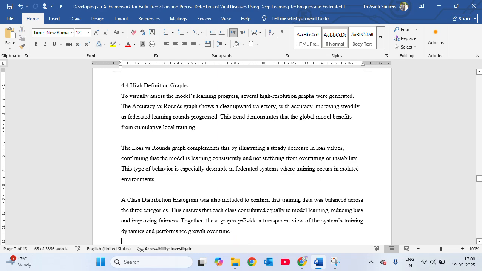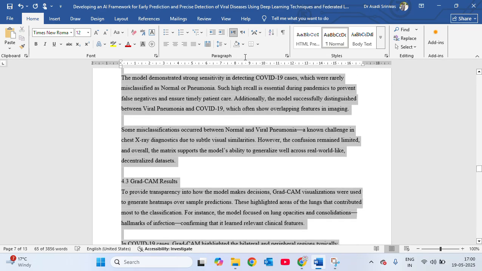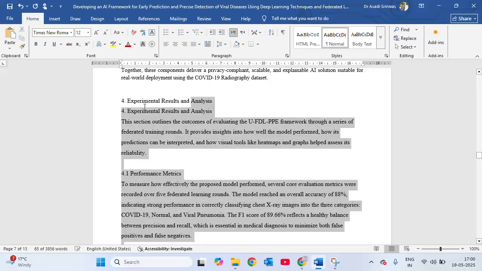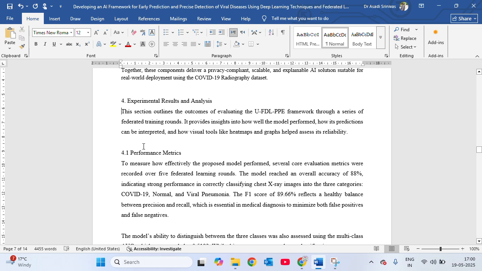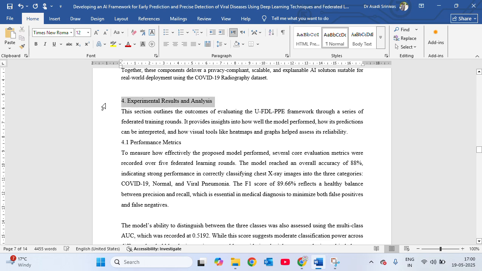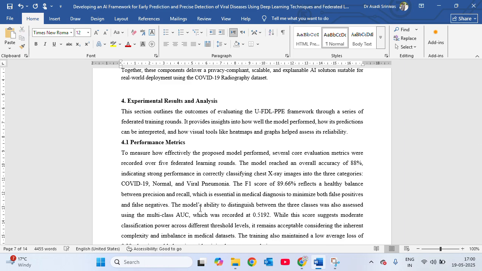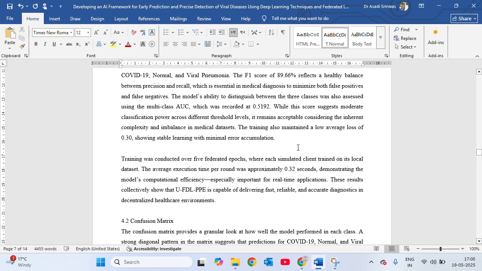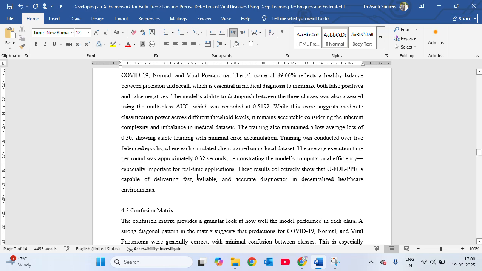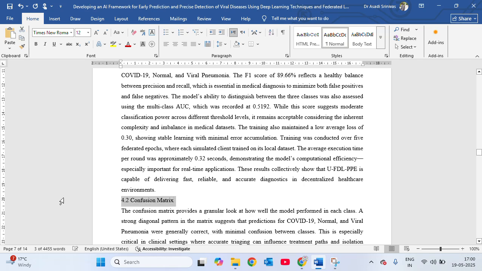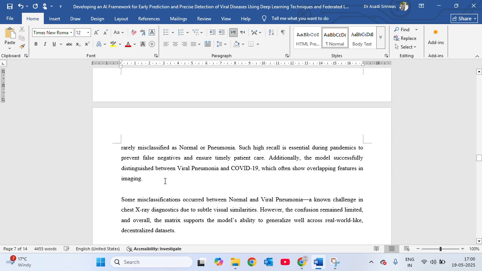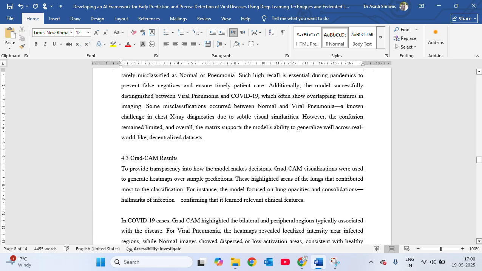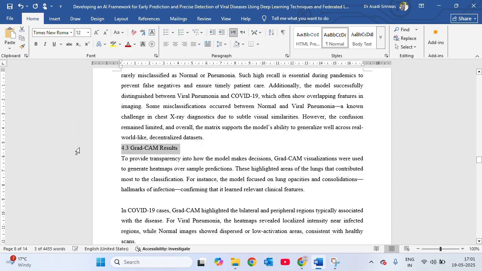Okay. Now we need to do the alignment: experimental results, performance metrics. We need to add these 3 paragraphs for each. Then we will insert all the images for each side heading, and the Grad-CAM results.